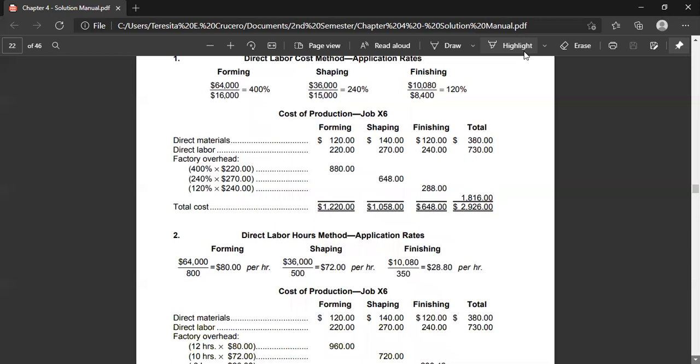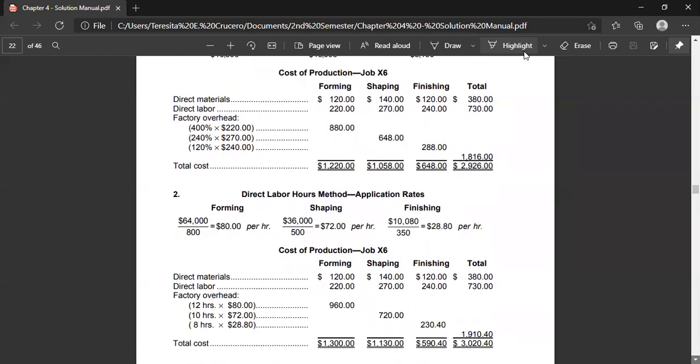So now we compute the cost of job X6 for direct materials and direct labor, the same as in the number one assumption. But for factory overhead, we compute it based on direct labor hours.